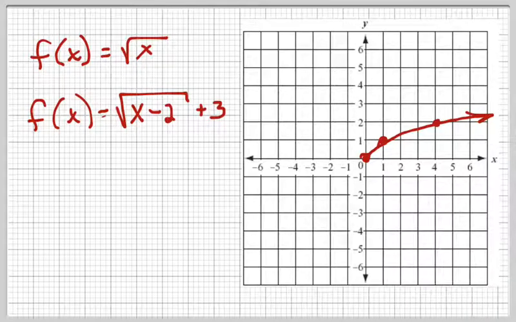Okay, so the 2 for an x value makes it 0, so that's a shift of right by 2. And the 3 makes it go up by 3. 1, 2, 3. And so the vertex, or the starting point for this, will be right up there at 2, 3. And then it acts just like the other function, 1, 1, and 4. 1, 2, 3, 4, 2.